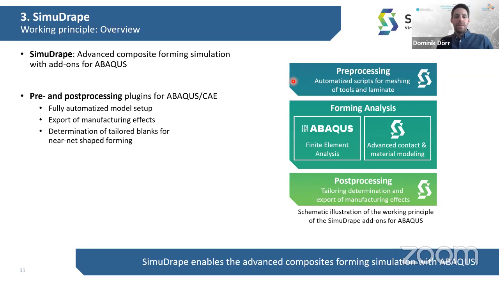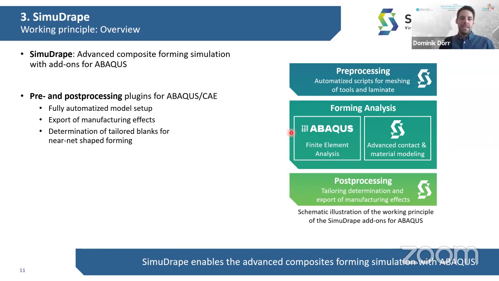Then it comes to the forming analysis itself, and as soon as we have achieved the forming analysis results, we can post-process these results. On the one side, this can be the determination of a tailoring, which enables near net shape forming, or the export of manufacturing effects such as the fiber orientation, which is then used in subsequent simulation steps to improve prediction accuracy.